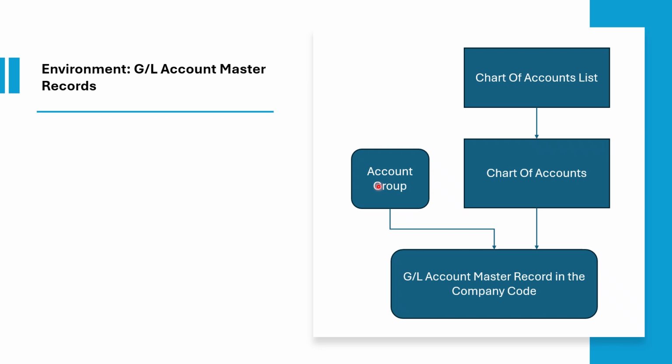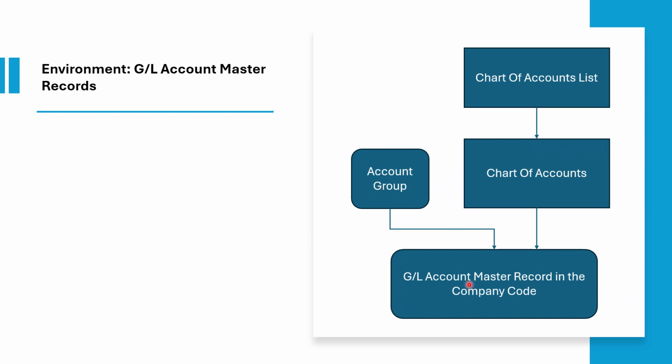Just for an overview, understand that the account group has two jobs. One is predefining the number intervals for the GL accounts, and second is determining which fields must or can be filled when creating that particular GL account master record.